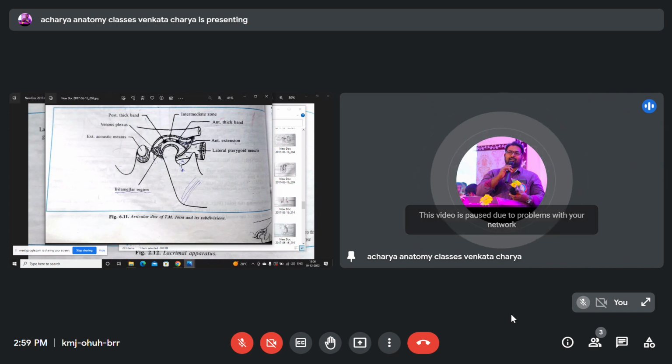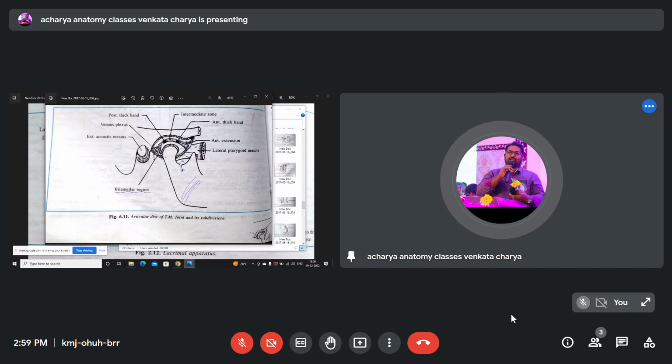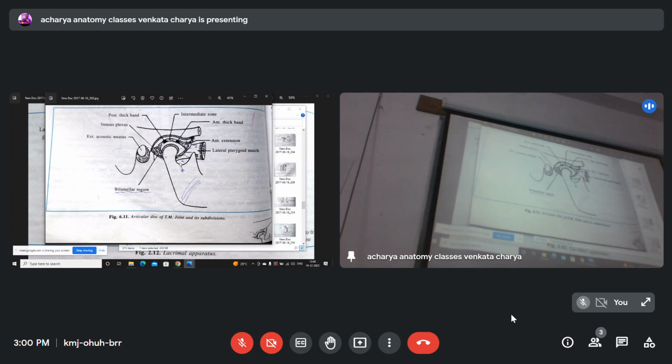Next, posterior relation: the external acoustic meatus, the outside ear, then styloid process and mastoid process. Are you getting?